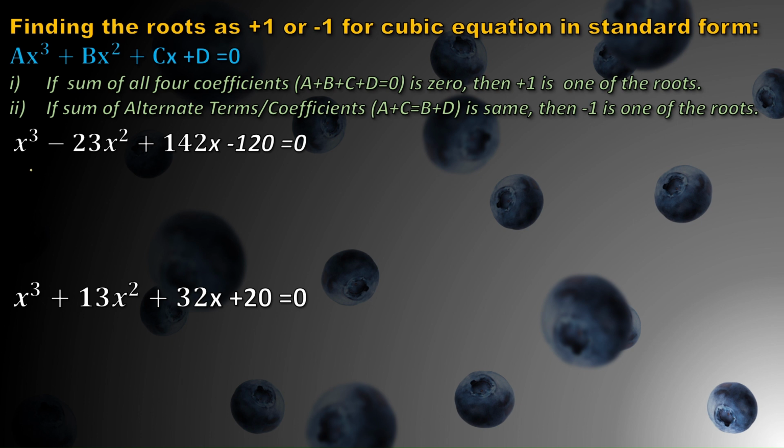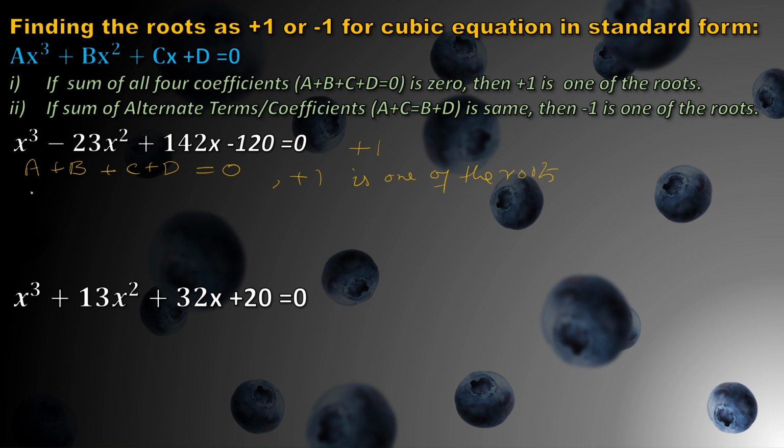And the method is for plus 1. In order to have plus 1 as the root, we just have to take the sum of all the coefficients, that is a plus b plus c plus d. If the sum of the coefficients is 0, then plus 1 is one of the roots.